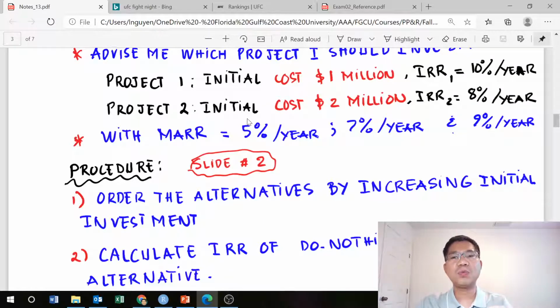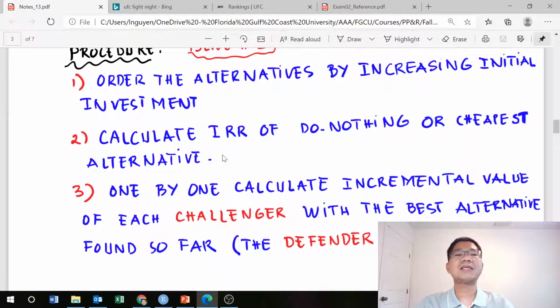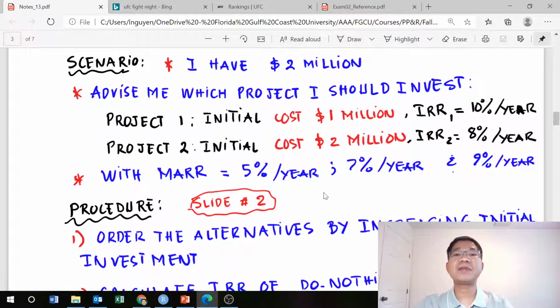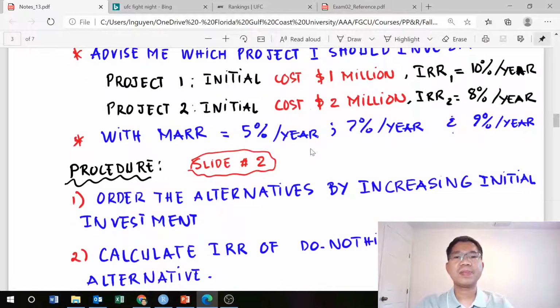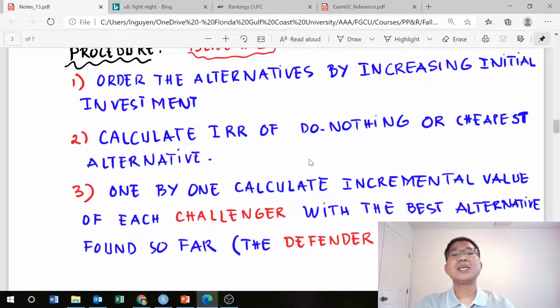Yes, we should do that, because we get 60,000 extra compared to only 50,000 if we put in project 1 million and get the minimum attractive rate of return for the remaining 1 million, 5% per year. So those are the steps, and that we call challenger and defender. Defender is the best alternative found so far, and then the challenger is the next one.